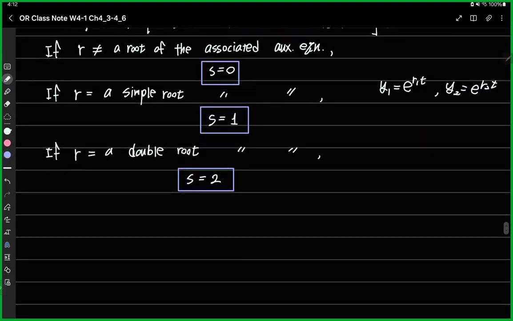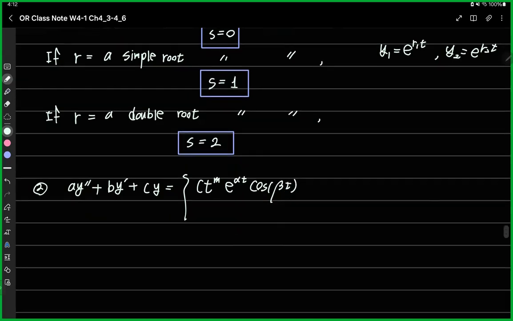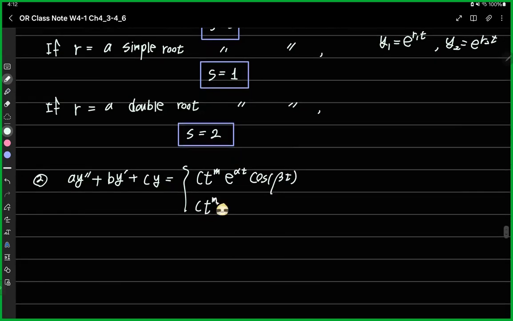The second case: ay'' plus by' plus cy is equal to c times t to the m's power e to the alpha t cosine beta t, and then c times t to the m's power e to the alpha t sine beta t.